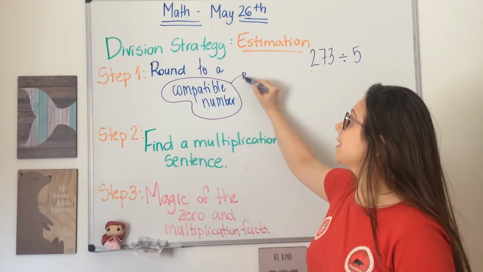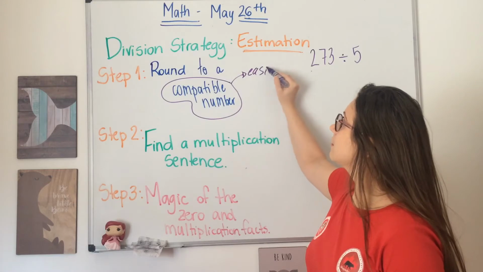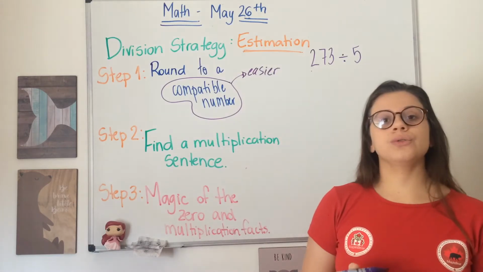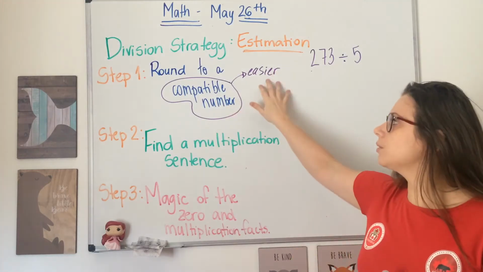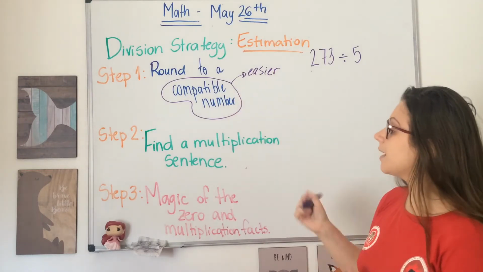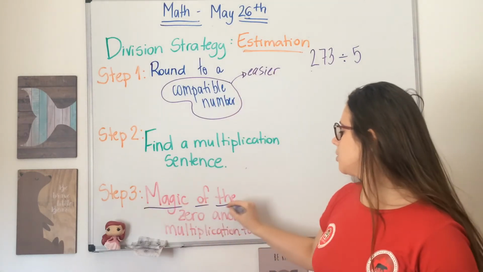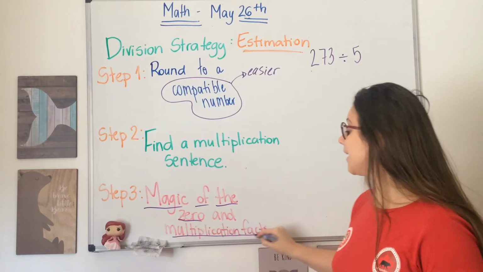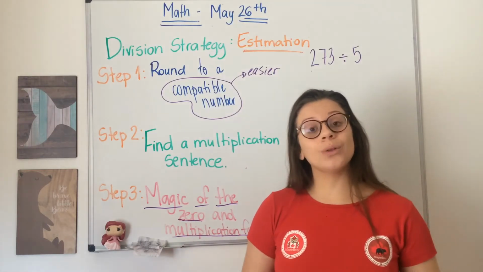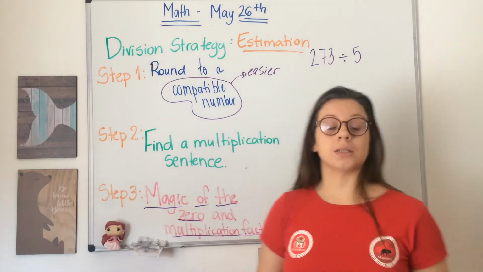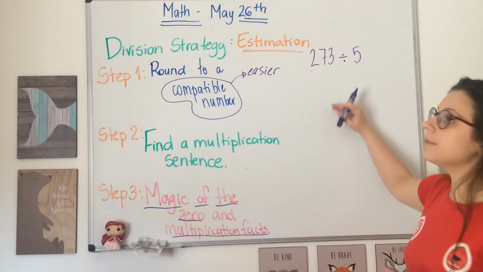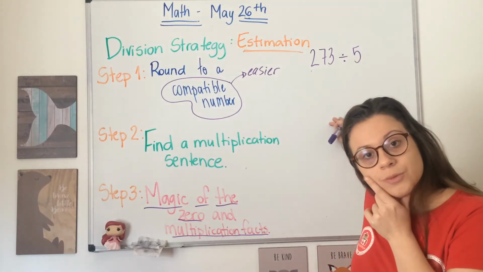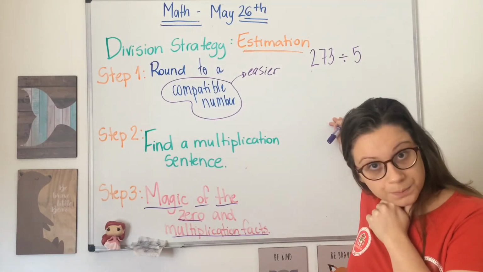It's a number that is easier to divide. And when I am looking for a number that is easier to divide, I need to think about the magic of the zero and the multiplication facts. So finding a compatible number is, look at the factor and think, how can I make this division easier?